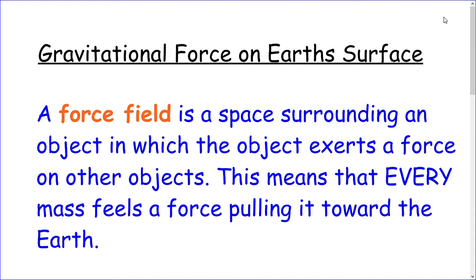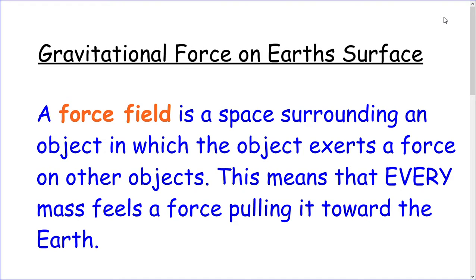So to start off with, we have this idea of a force field. I know this has come up before in popular culture. But this idea of a force field is this space that surrounds an object, in which the object can exert a force onto other objects.